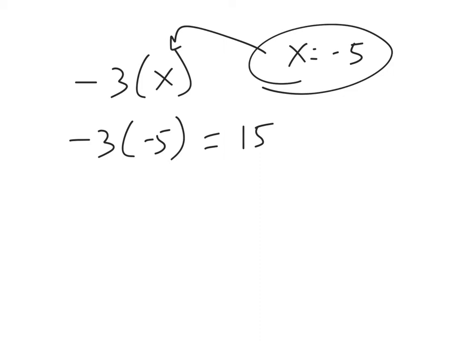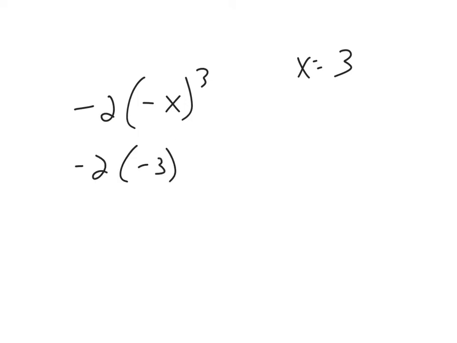The difference could be like if we have some exponents, okay? So let's say we have like negative 2 times negative x cubed, and I go x equals 3. All right, well, that's going to be this, right? But again, I have to do this part first because that's the exponent.